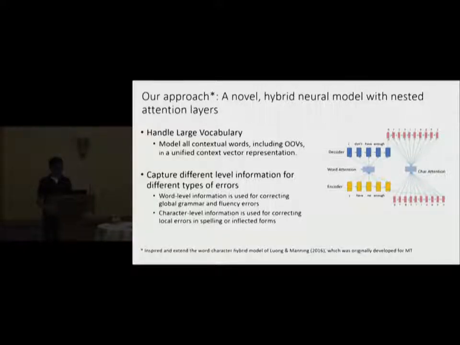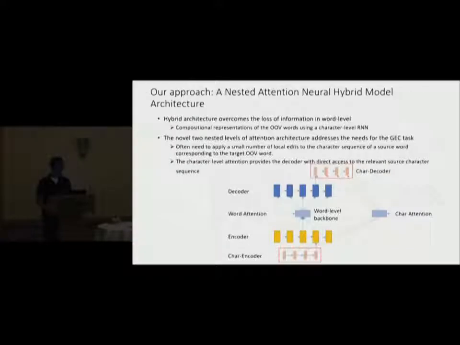The second is that we also capture different levels of information for different types of errors. The word level information is used to correct global grammar and fluency errors, while the character information is used for correcting local errors such as misspellings or inflection errors.